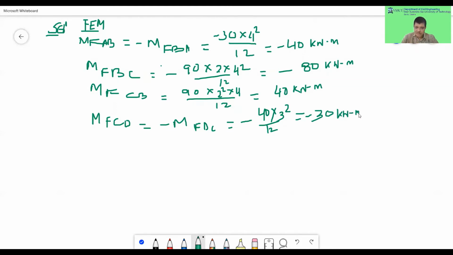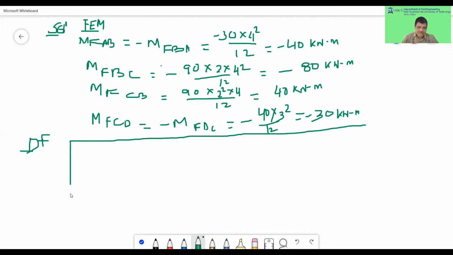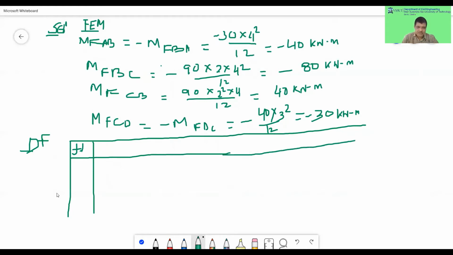So once you apply these formulas, next your task is to find out the distribution factor. Calculate the distribution factor. So you make a table like in earlier cases we have made tables. Now we have the joints. Look at the joints. Joint B, joint C. There are two joints. Joint B has three members. One is BA, one is BF, and one is BC.